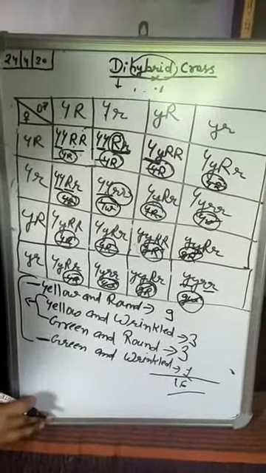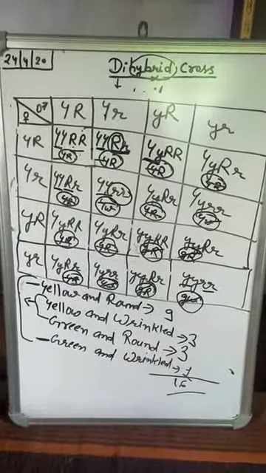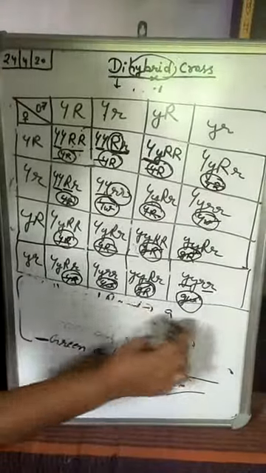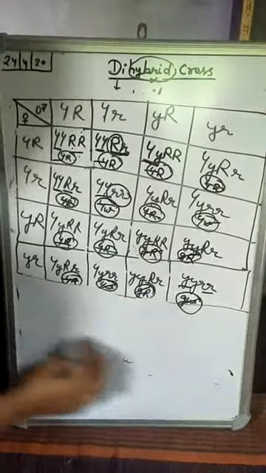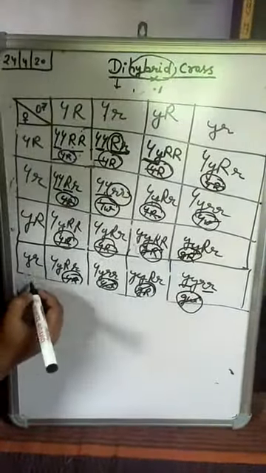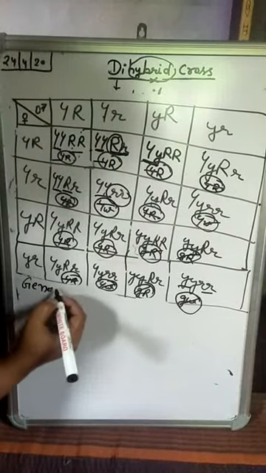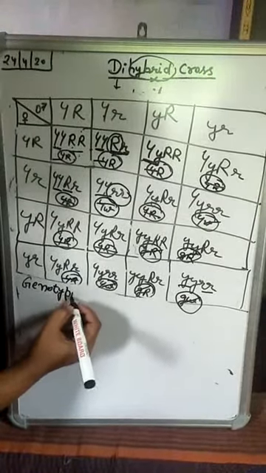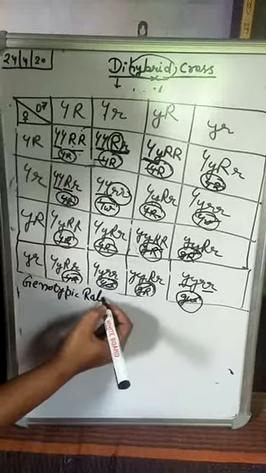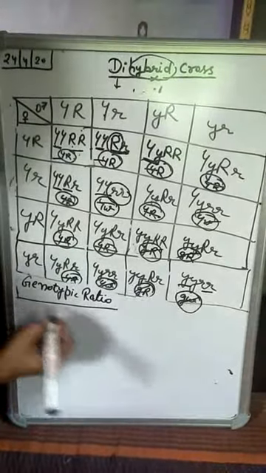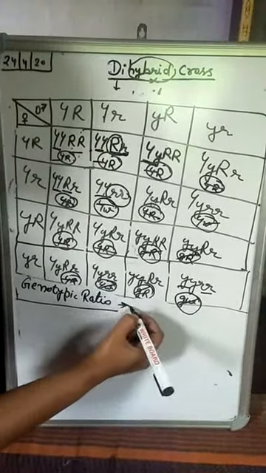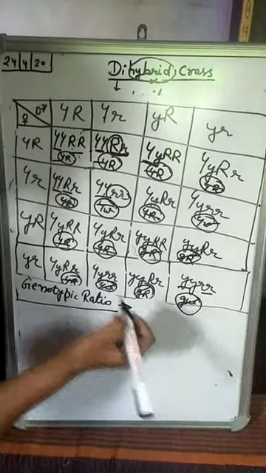Now we have to see the genotypic ratio of this dihybrid cross. Look carefully here. Genotypic ratio means you have to find out the similarities in genotype.